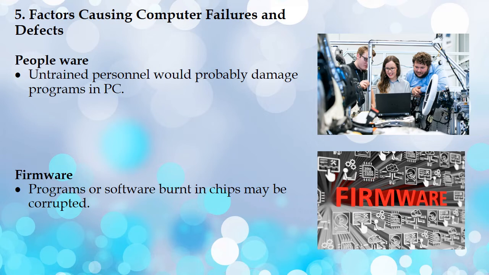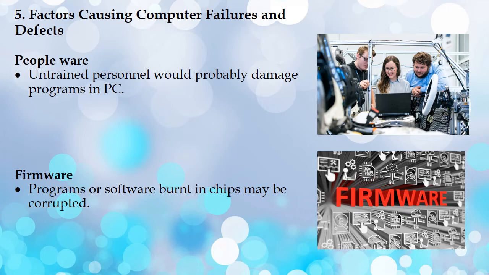Next, we have the firmware. Firmware are programs or software burnt in chips that may be corrupted. Firmware explains that some of the chips of our computer, or the part of our computer, is burnt or parang nasusunog na, and it's corrupted na talaga yung part ng ating computer.